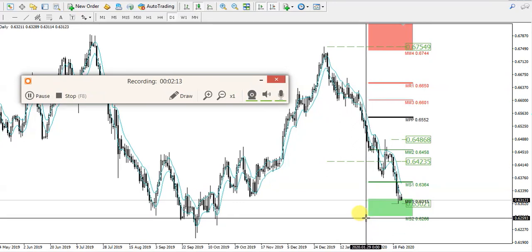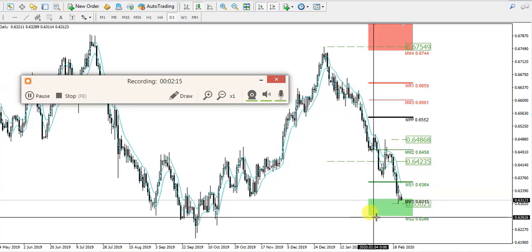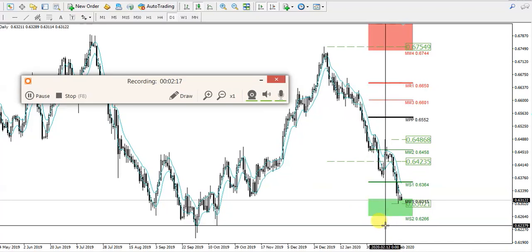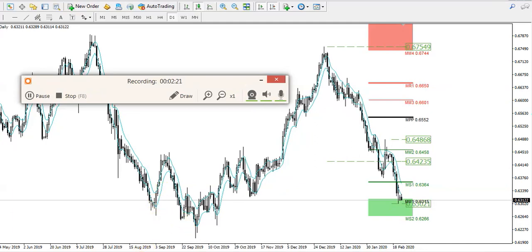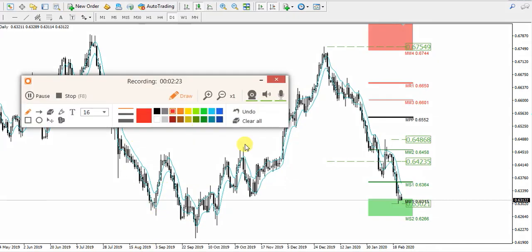So either that 62.60 or even further down here. Actually 62.60 is a better target, because you also have this monthly S2, which is almost the same area, 62.66. Around this area would be a good target to have.